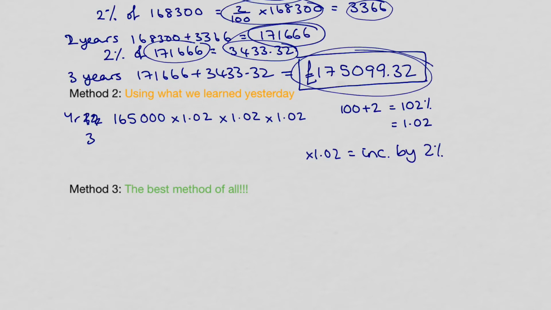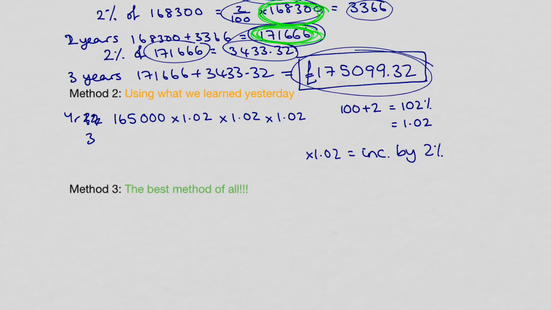Okay, so we can see that here, if we work out 165,000 times 1.02, if we press equals at that stage, we get this number here, the 168,300. If we multiply it by 1.02 again and press equals, we get the value at the end of the second year.